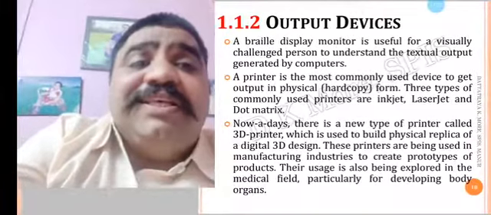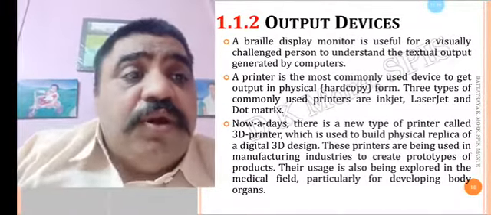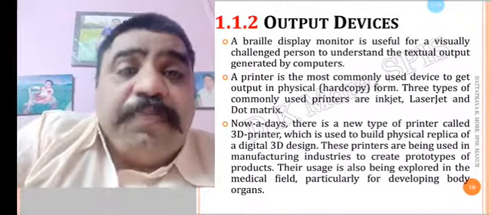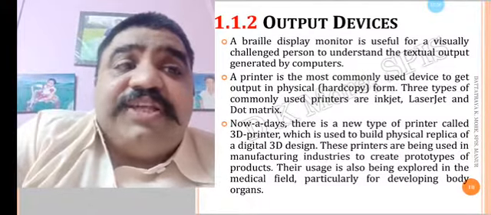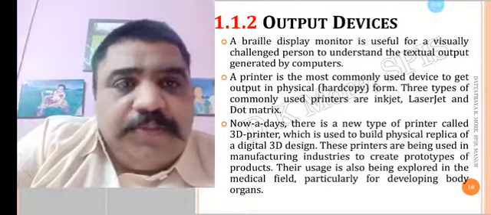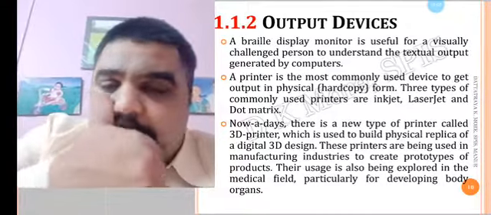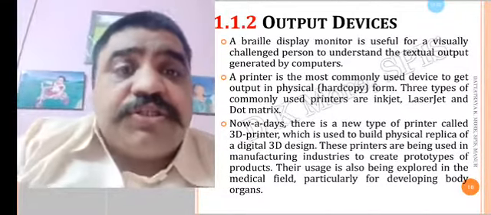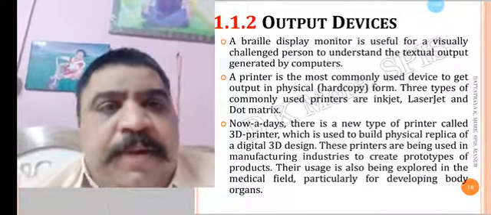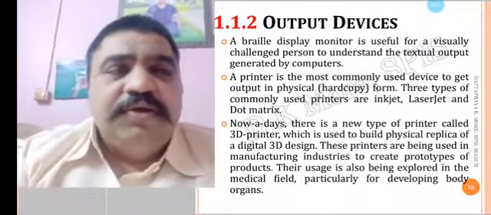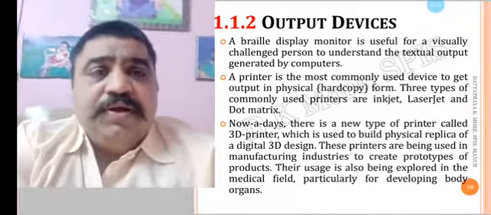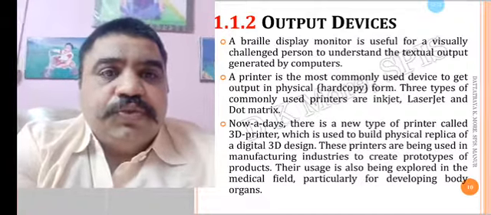Now, a Braille display monitor is useful for a visually challenged person to understand the textual output generated by the computer. You people know Braille language, that is useful for visually impaired people who can't see. So for those people, this Braille language is used.